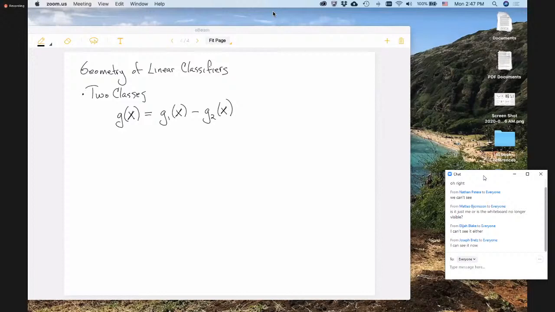And we can take the difference just like we did when we were looking at naive Bayes, because what that will allow us to do is then compare that against some threshold, and in fact, the threshold will be 0, in order to decide which of the two classes it belongs to. If the inequality holds, it goes into class 1. If it doesn't hold, it goes into class 2.